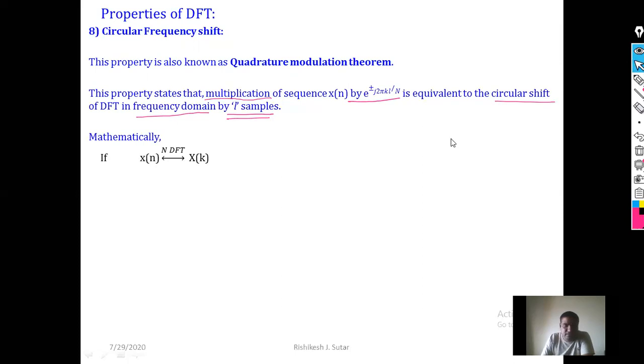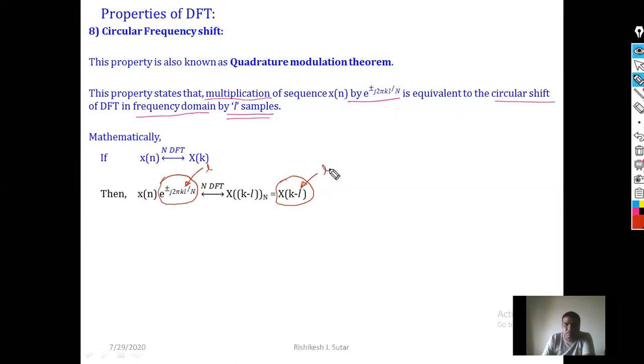Mathematically, I can write it as x of n. If its N-point DFT is x of k, and if I multiply x of n with this phasor component, with this l, then its N-point DFT will be equal to the shifted version by l samples.